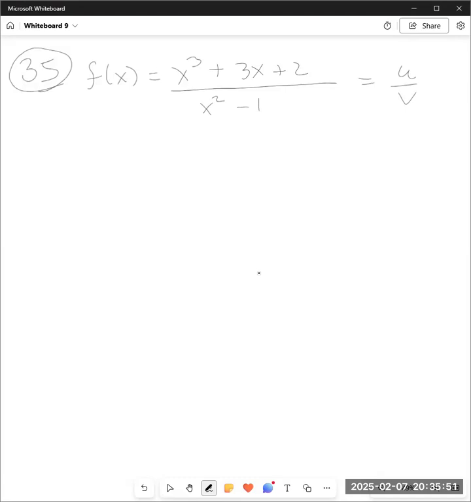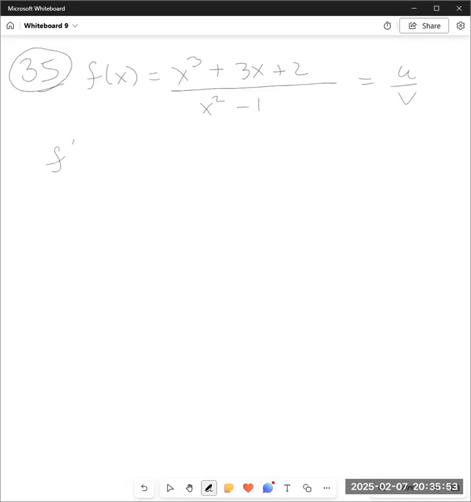Number 35 says f of x is equal to x to the third plus 3x plus 2 over x squared minus 1. And there's no nice way to factor the numerator to cancel any common factors, so I'm going to leave it as is. Call this u divided by v.